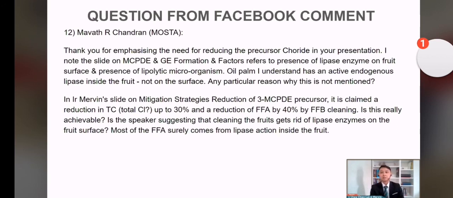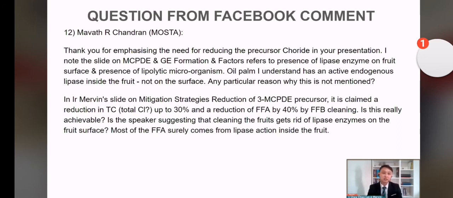So what I mentioned here is the potential reduction of these FFAs is because some of the oil at the bruised layers is actually removed, which means this partial reduction of FFA is because we already removed this high FFA CPO at the outer layers, on the bruised areas, but not inside the fruits itself.